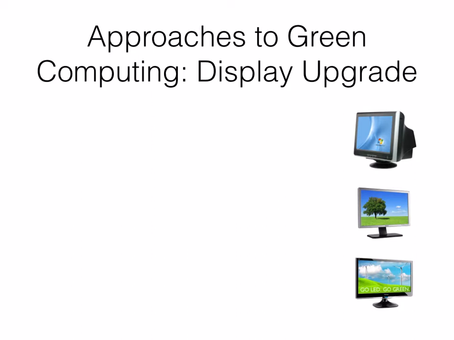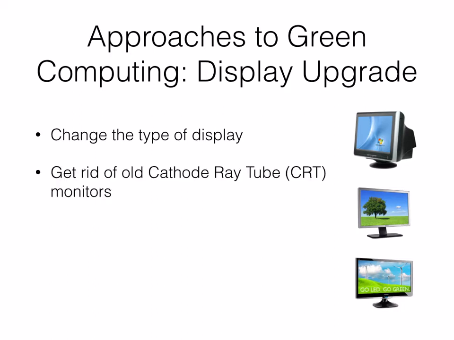So some more approaches to green computing. Upgrading displays, that's a huge one. Displays take up the most power in your normal conventional desktop computer. So change the type of display. Most of us are using LCD or LED, but you want to get rid of those old CRT monitors and replace them with an LED monitor.